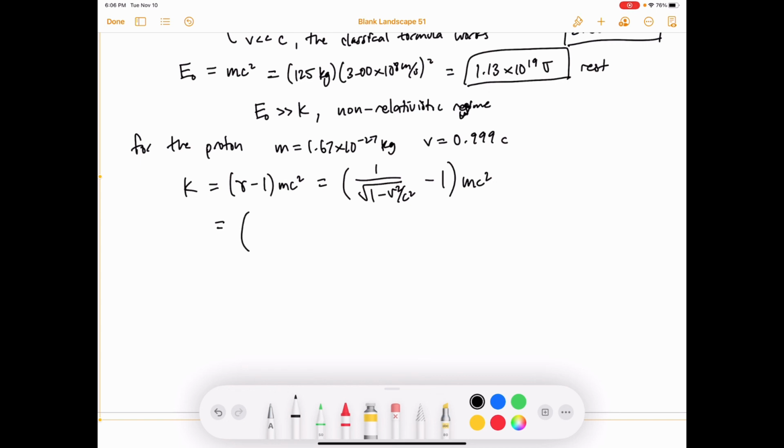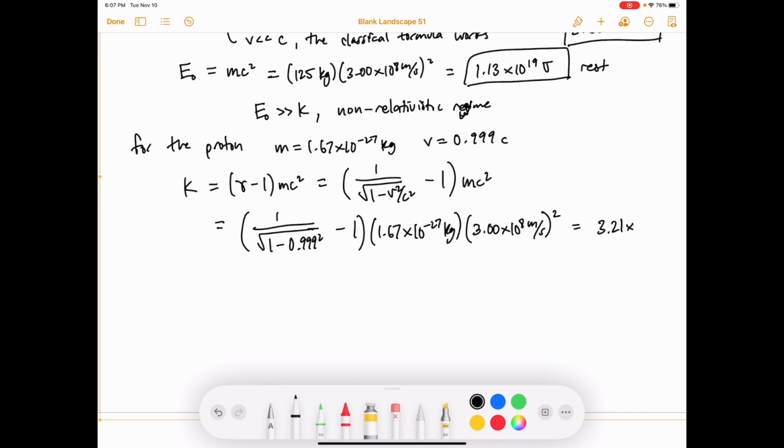We have 1 over the square root of 1 minus 0.999 squared, minus 1, times the mass, 1.67 × 10^-27 kilograms, times c squared, which is 3.00 × 10^8 meters per second, squared. That works out to 3.21 × 10^-9 joules. That's the kinetic energy.